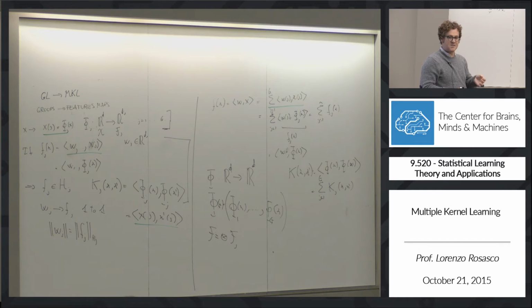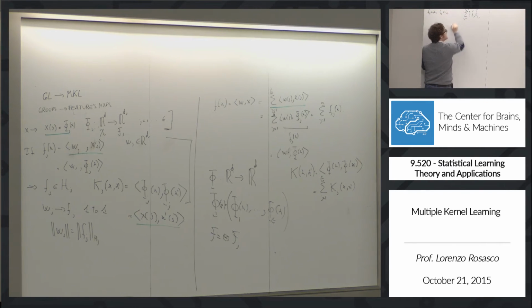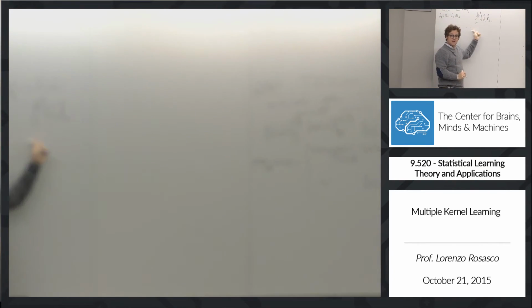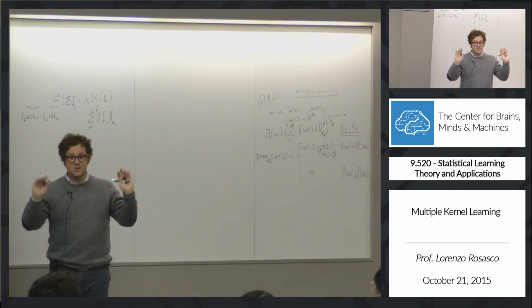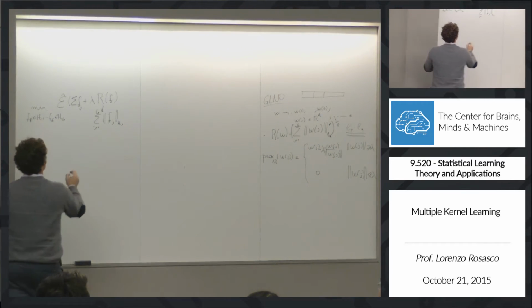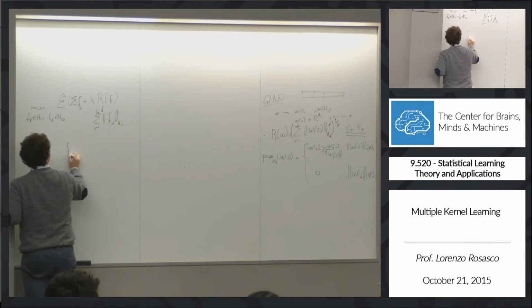Was that one thing that said that we were lucky and the W's we were looking at, potentially infinite dimensional, could actually be written as combination of kernel functions at points. Well, it's an exercise of one line to prove that indeed the F1, Fg that satisfy this equation, not for the phi j defined there, but for any phi j, for any kernel, can actually be written like this.